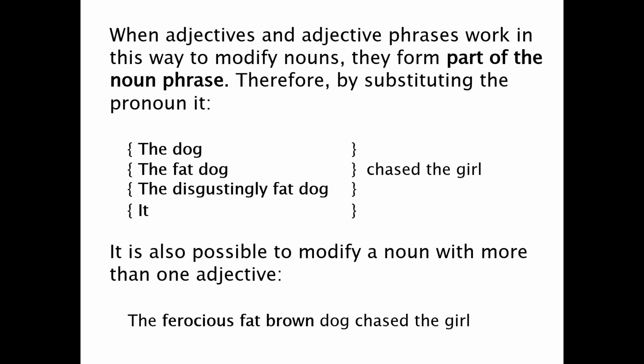That disgustingly fat dog, it chases the girl. Okay, the quite disgustingly fat dog, it chases the girl. You can say the very disgustingly fat dog, it chases the girl. By the way, you can use adjective here. You can say the disgusting fat dog, it chased the girl. So all these phrases can be deleted.